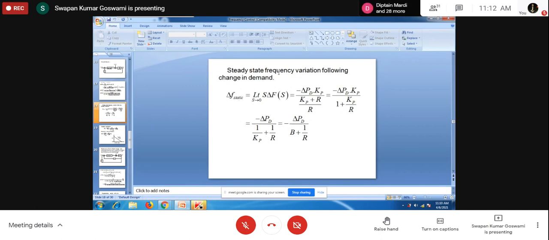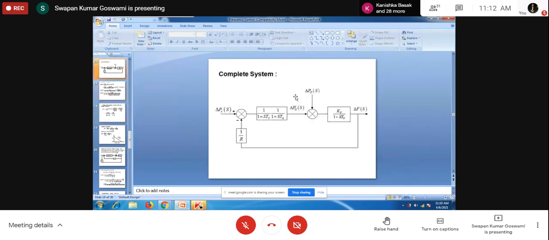So, steady state frequency variation following change in demand. That means a change in demand has taken place, some load has been switched on or off, and we have not changed the position of the speed changer. Now we want to find how much the frequency will change at steady state after the change in demand.